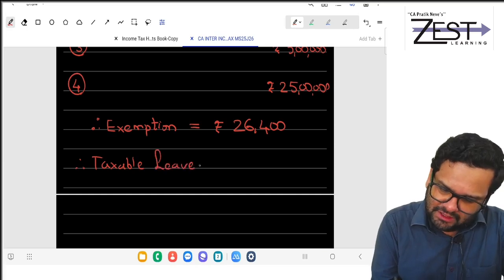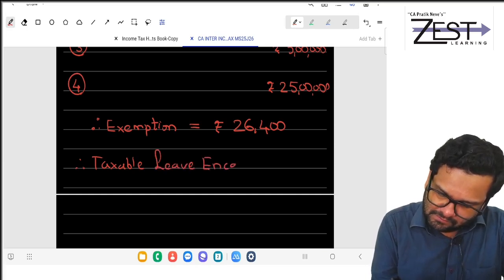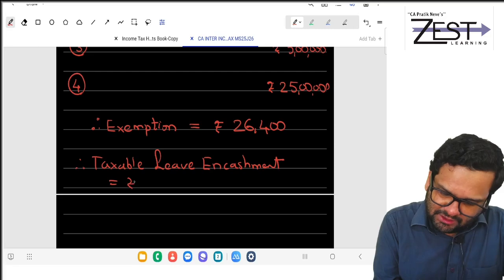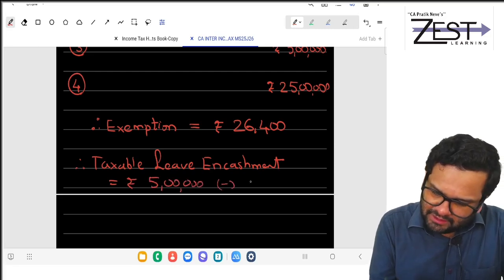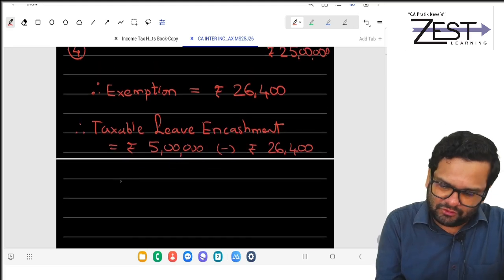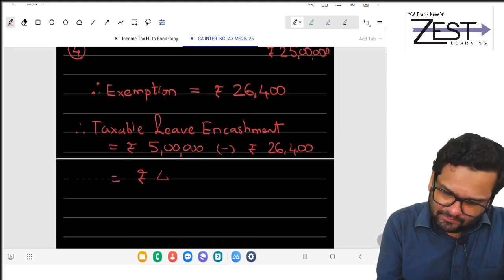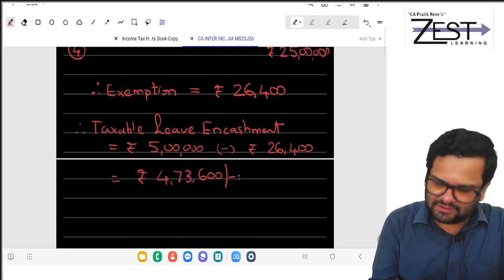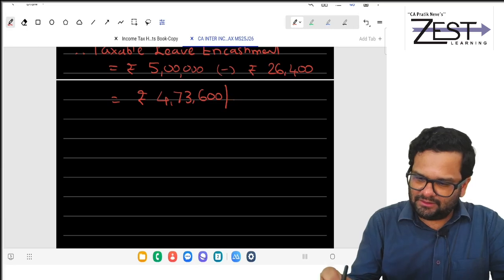So can you tell me what is therefore the taxable leave encashment? What is your taxable leave encashment? Taxable leave encashment is, yes, received 5 lakh minus exempt 26,400. So which is rupees 473,600. Please do this systematically.